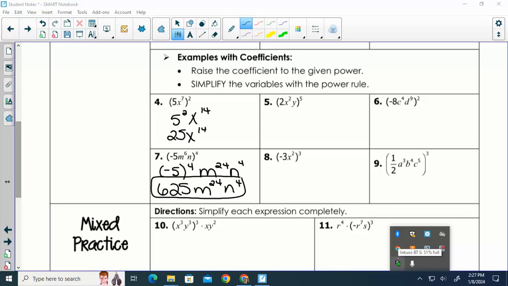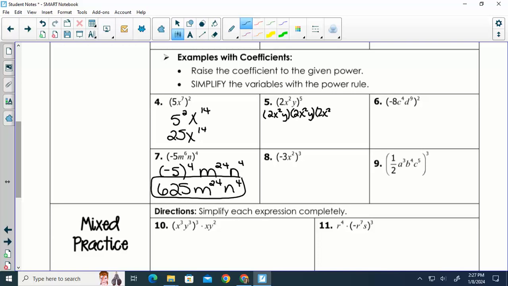Let's take a second and think about what this means. If I have 2x squared y to the 5th, that's like saying we have 2x squared y written 5 times. Now, I don't expect you to write this, but I want you to understand what it means. So when I multiply this, how many 2's do we end up with? 5. That's not the same thing as 2 times 5.